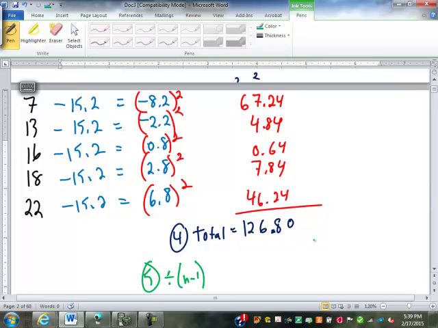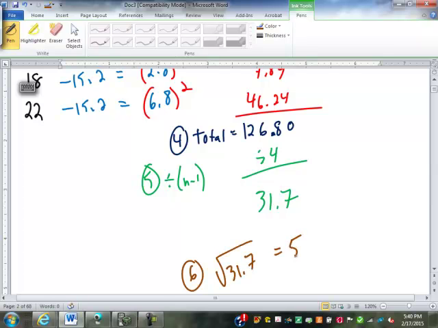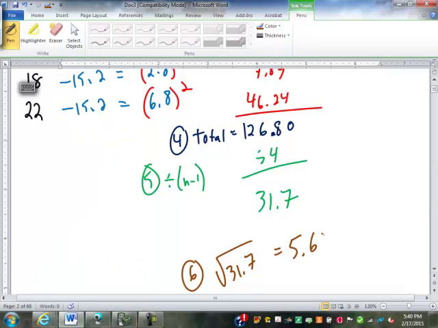N in this case is 5, so we're going to divide by 4. So that's going to give us 31.7. Now what? Step 6. Square root of 31.7 is 5.63, very good.